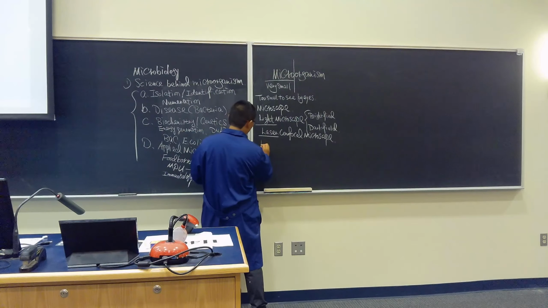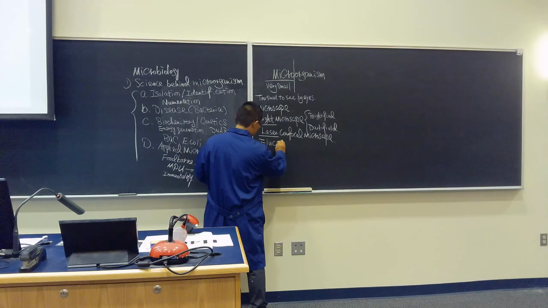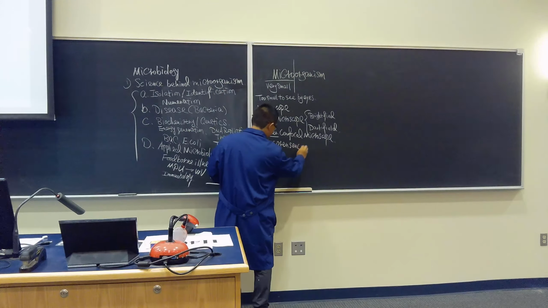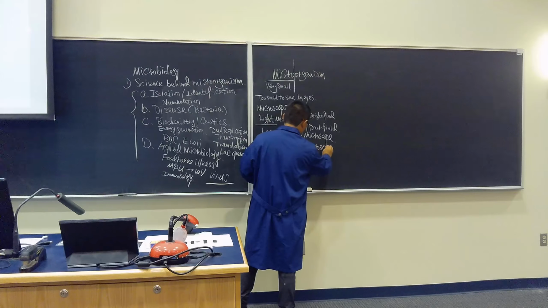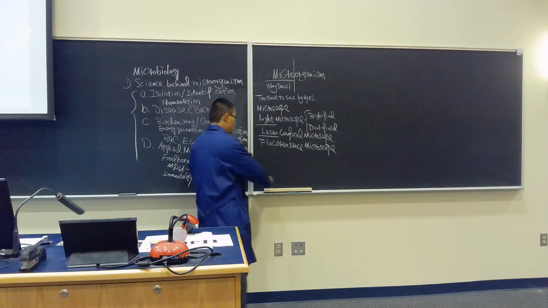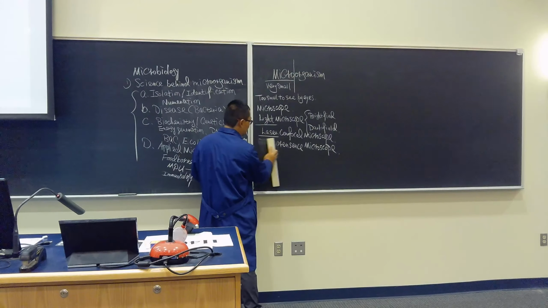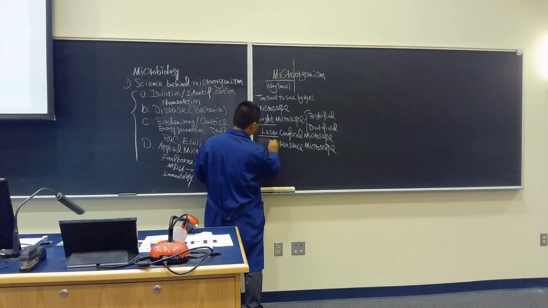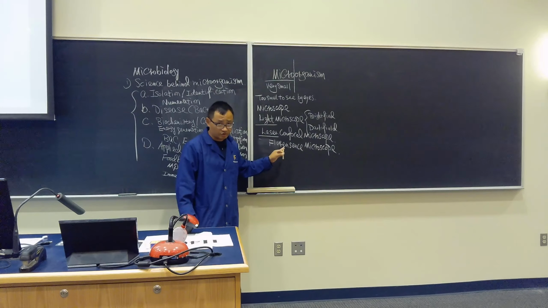What else we have? Fluorescence microscope. Fluorescence microscope, we usually put a dye, a fluorescence dye. It will show you a shiny fluorescence color, and you can identify the bacteria without doing any other thing.